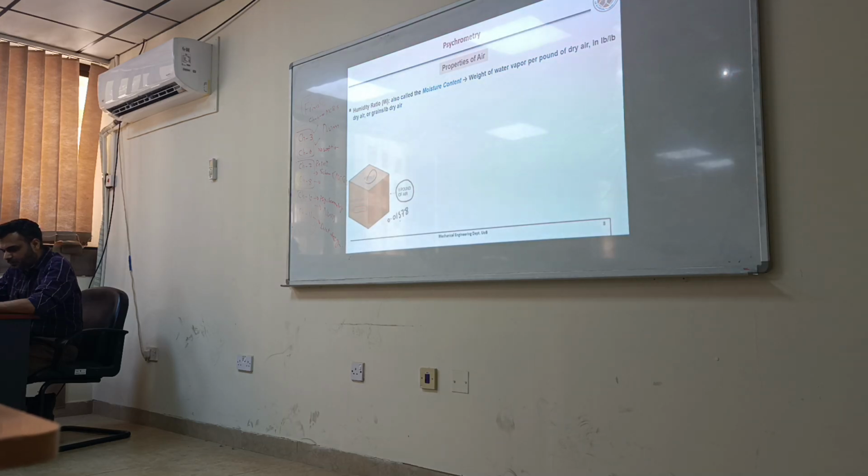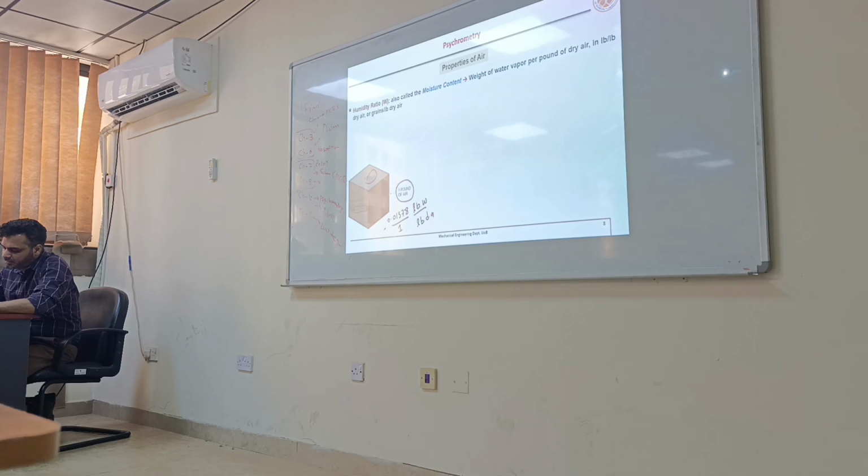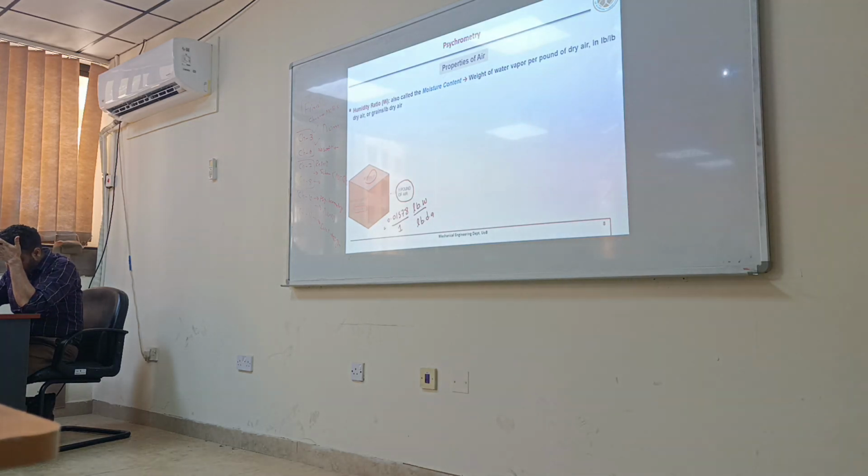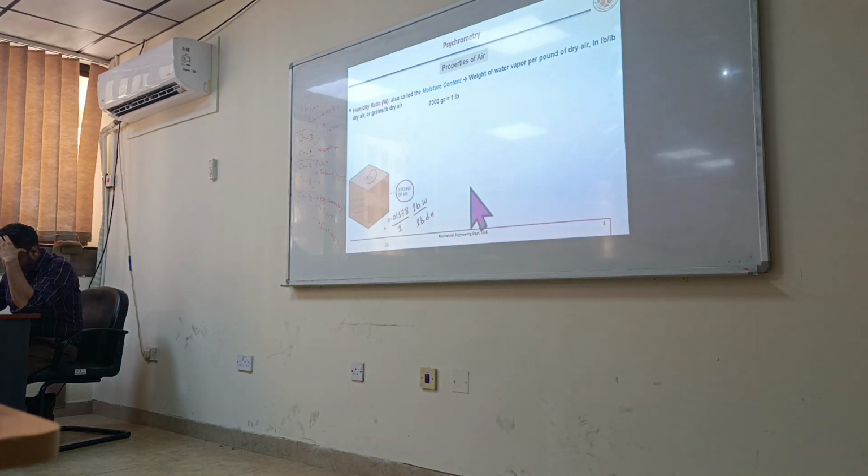0.015 over 1, pounds of water vapor per pound of dry air. That is called humidity ratio. Now see, because 1 pound is such a big unit, this is a very small number compared to 1 pound. So what we normally do is use the term grains.